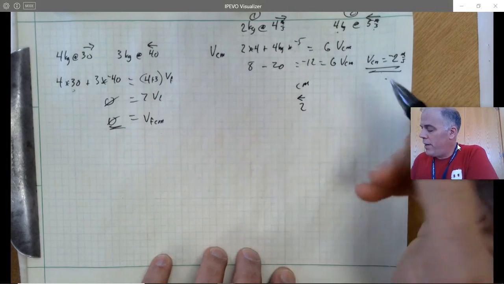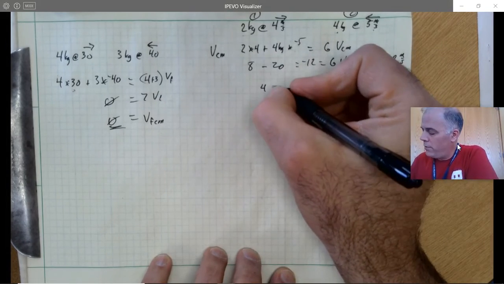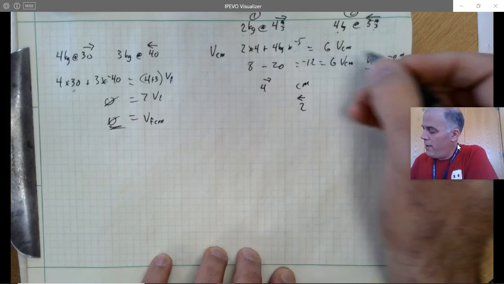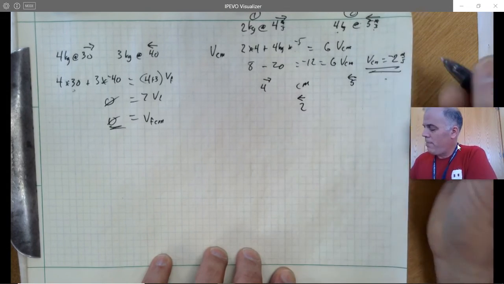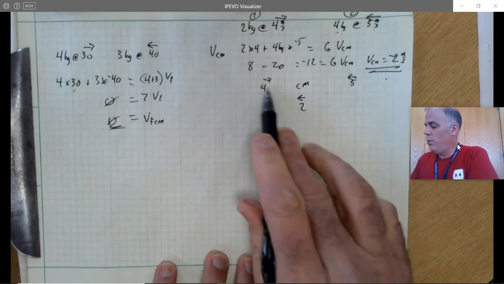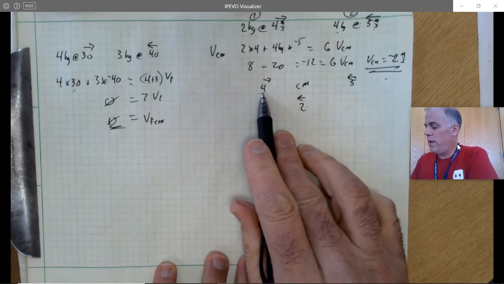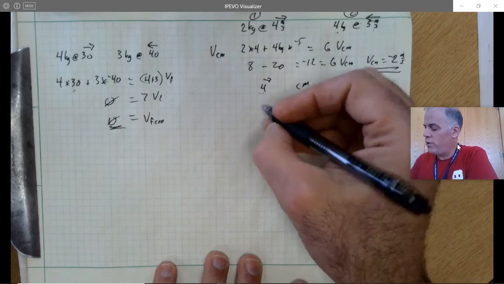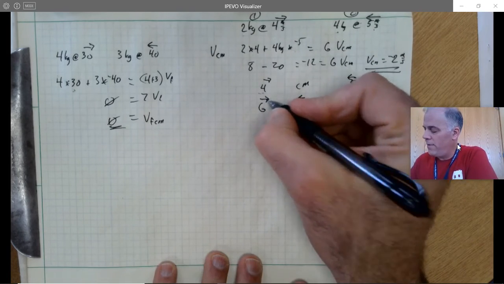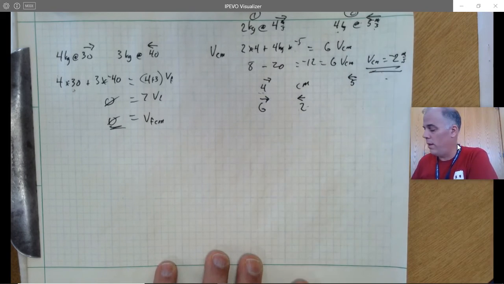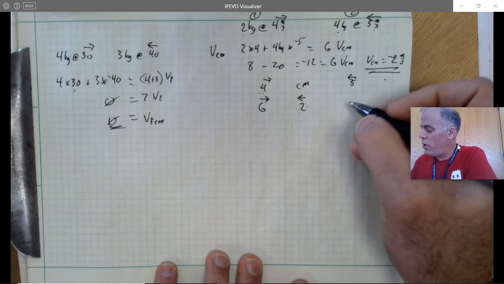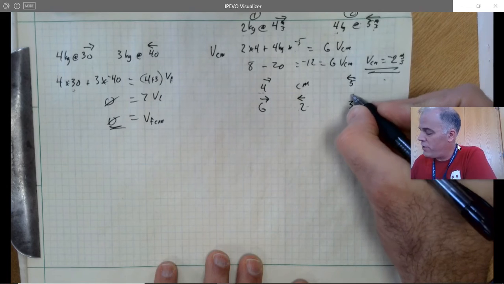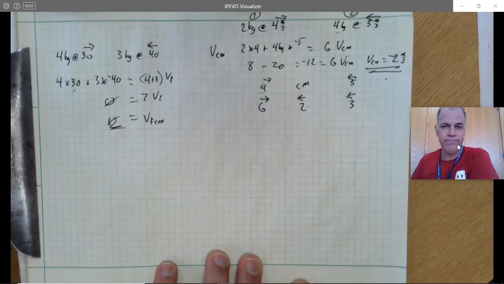The first object here was moving at 4 that away, and the second one was moving at 5 this away. These two are moving toward each other. So the speed of this one relative to this one is going to be 6. That's going to be the closing speed, if you will. Whereas this one is trying to catch up to the center of mass, so its speed relative to the center of mass is 3 meters per second.